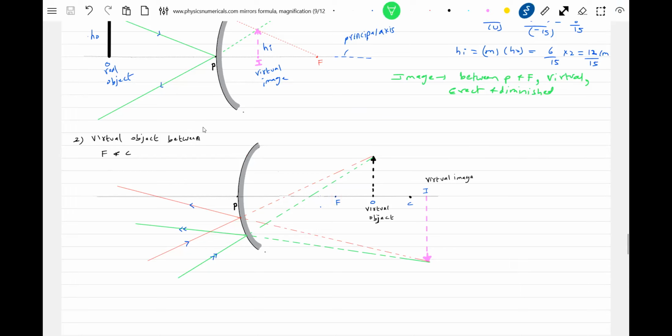Again, the focal length of the mirror under consideration is F equal to plus 10 centimeter. Also the same mirror. The object distance is equal to plus 15. Distances measured towards the right should be positive.